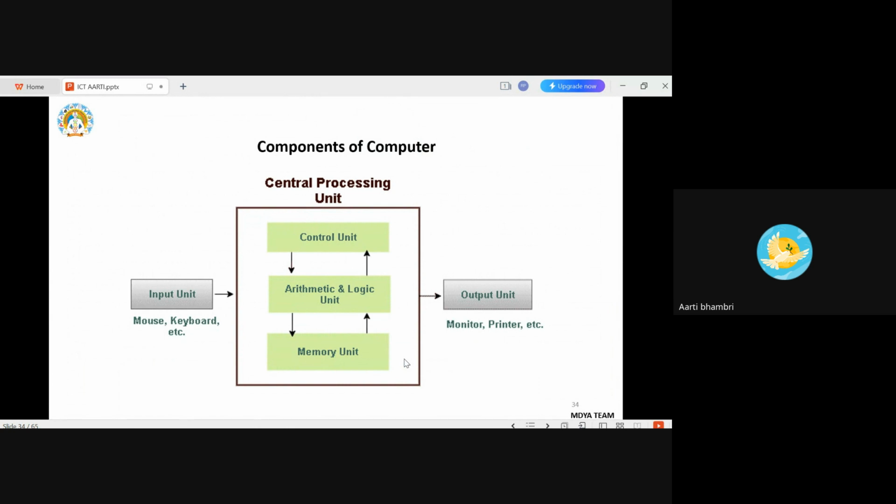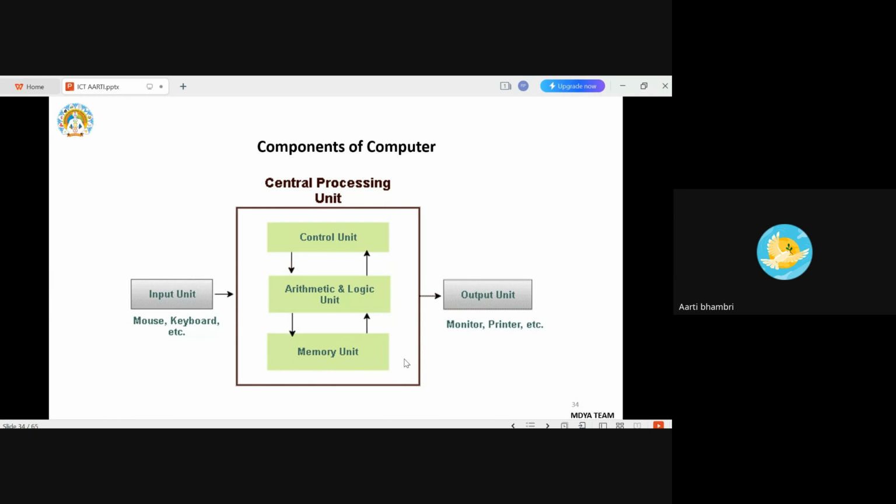Then the computer takes the input, the data in the form of raw data, and then the processing unit processes the data. First it saves the data, then it processes the data, and then the processed data gives us the output as information through the output unit.